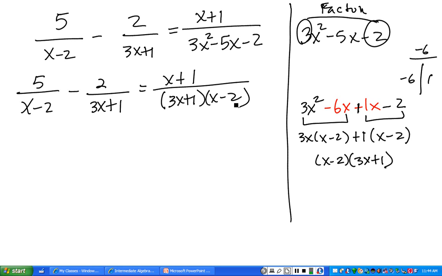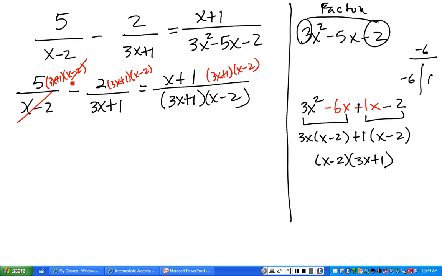Alright, so the LCD is obviously 3x plus 1 times x minus 2, and we're going to multiply everything times 3x plus 1, x minus 2. What cancels?